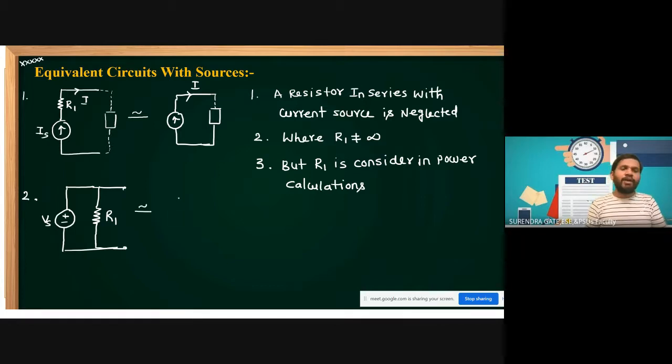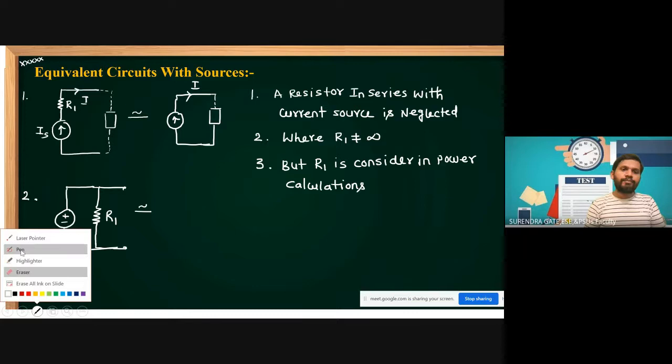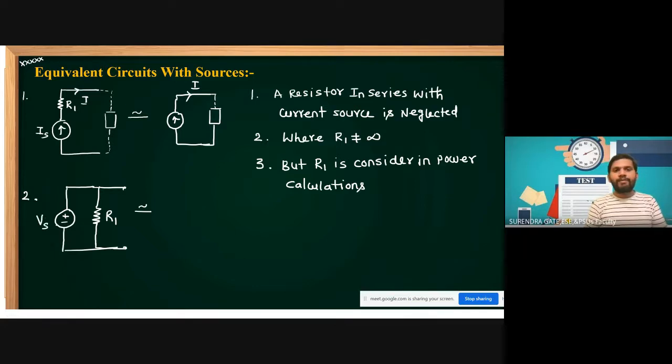It is equal to how you can replace it: this voltage is Vs, and you neglect that resistor. What you can take directly is the voltage. There is no significance for that.